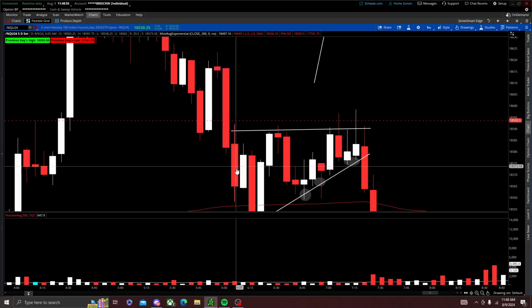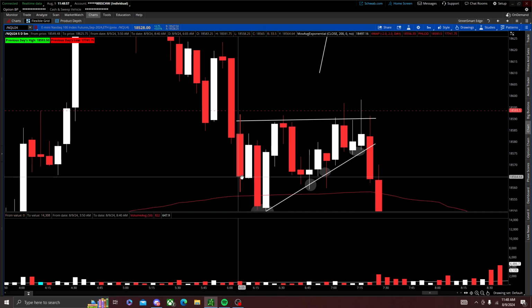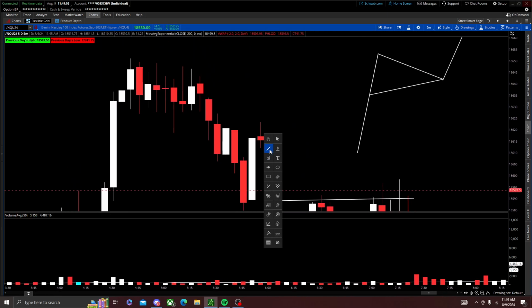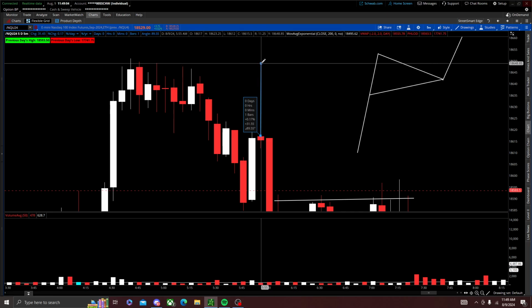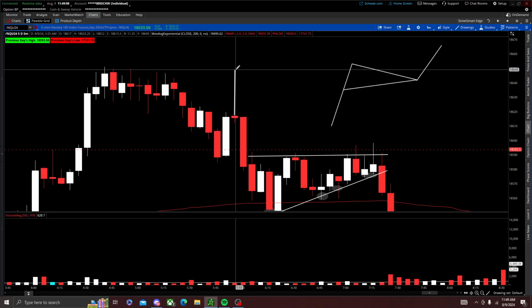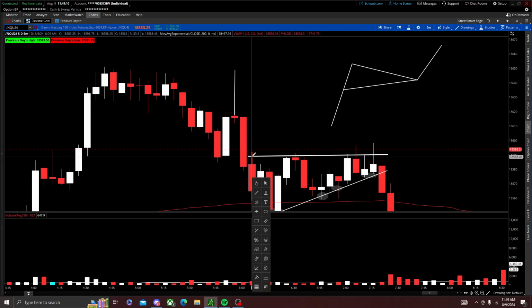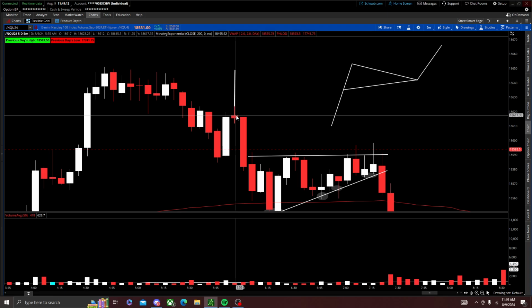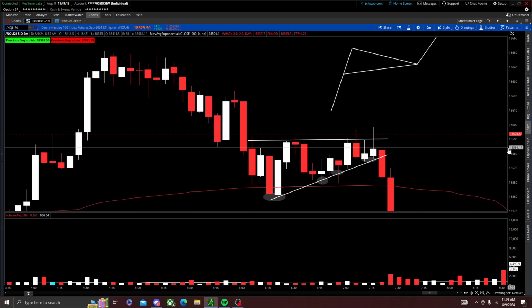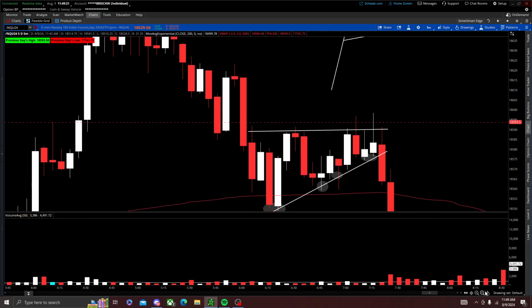Whereas a wick can literally come all the way up here at one point, but does it make sense to draw a flagpole all the way at the top if we actually closed down here? Realistically, probably not. So that's the main reason we draw it from body to body.